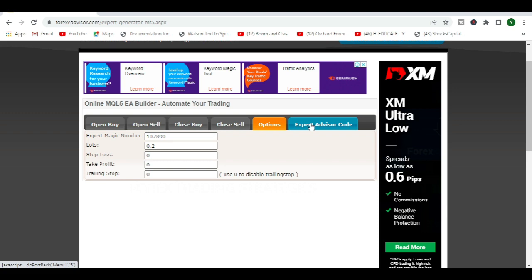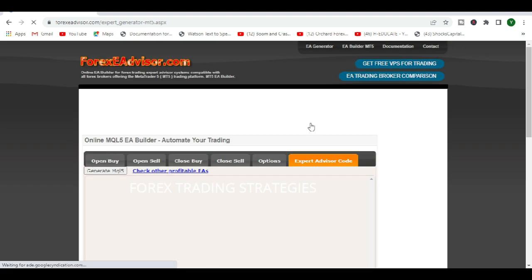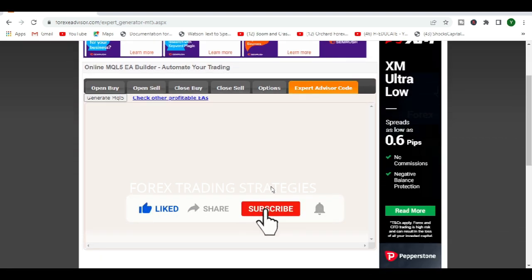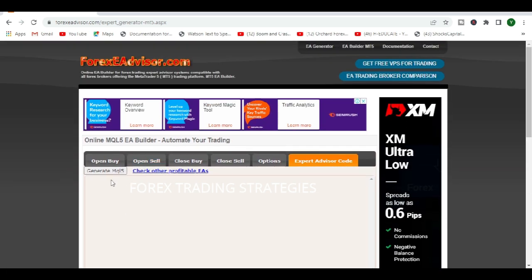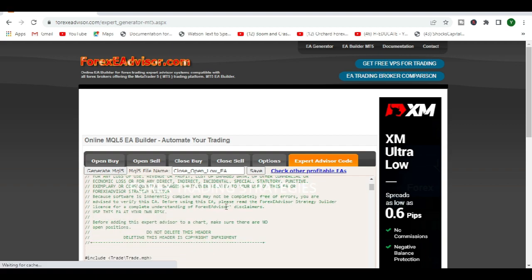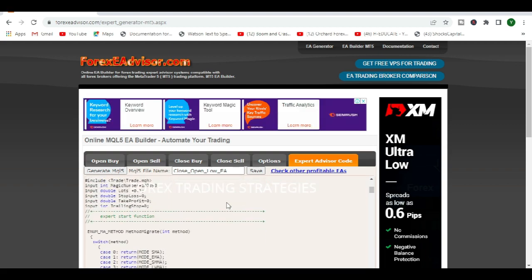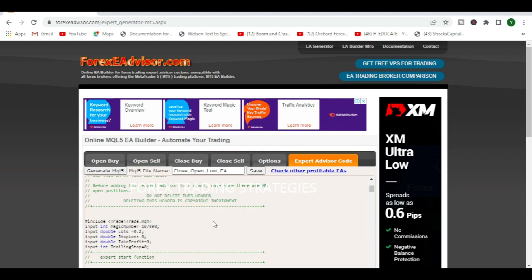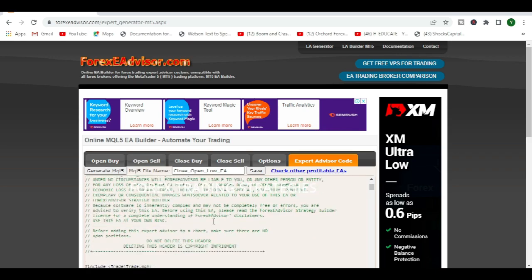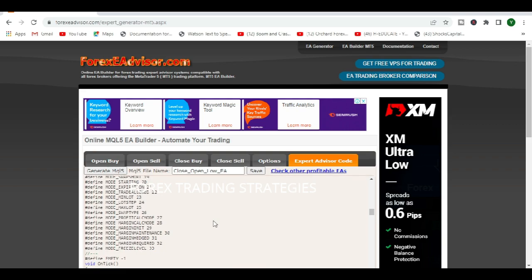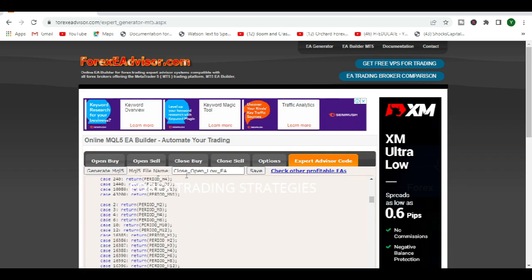Okay, so now we got to generate our code like we did yesterday, and you already know when we come here we just go to generate MQL5. That will be the code around our Forex robot. I don't know if it's going to work, but anyway, it's by default named close open law EA, but maybe let's give it a cool name.